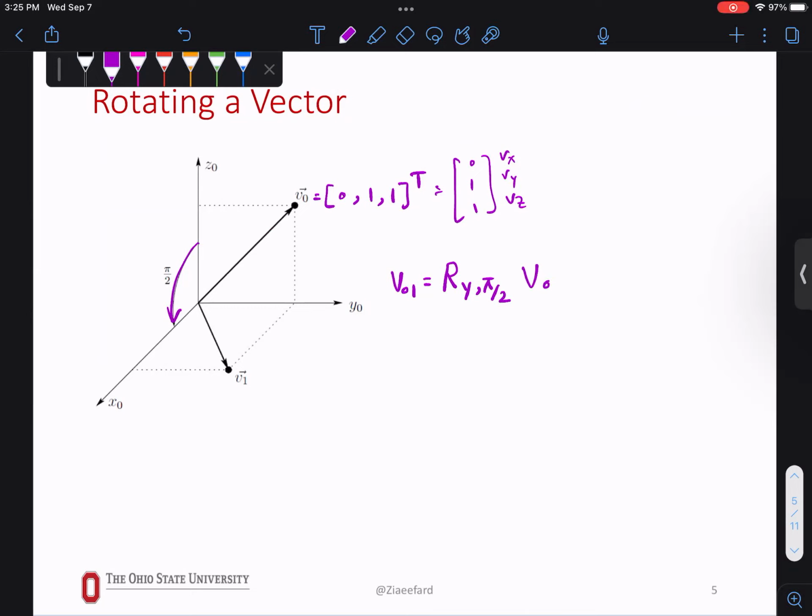I rotated, and we said that you pre-multiply a vector. So your previous vector was a position, right? Now your new vector is a velocity. So we want to know if you rotate this, if our frame rotated.